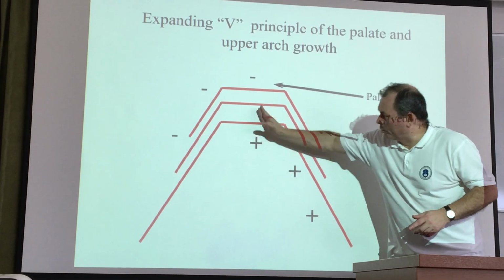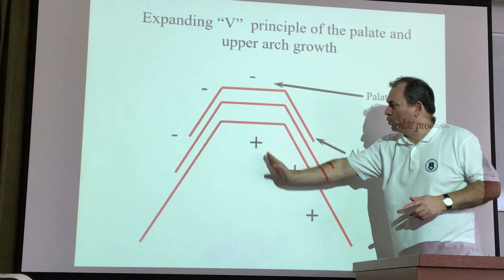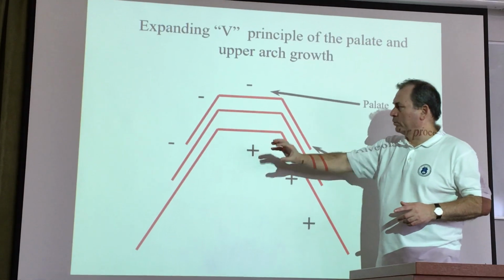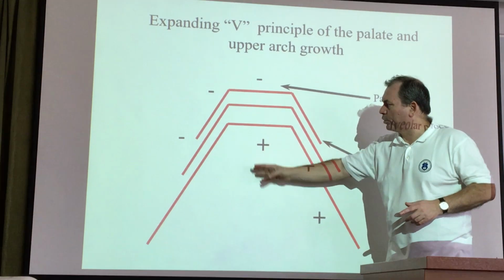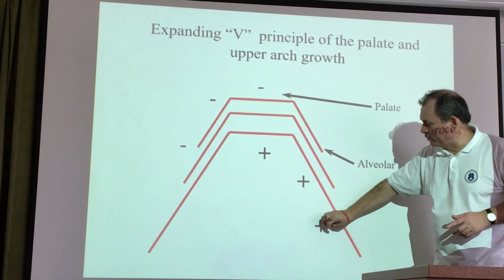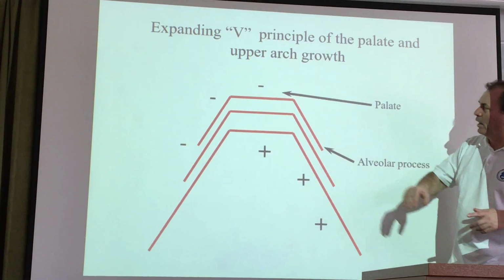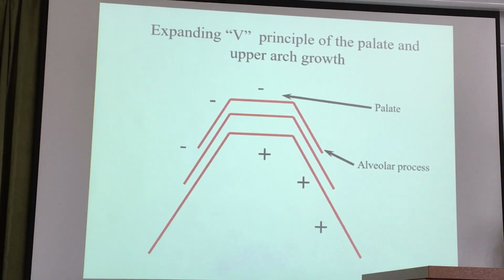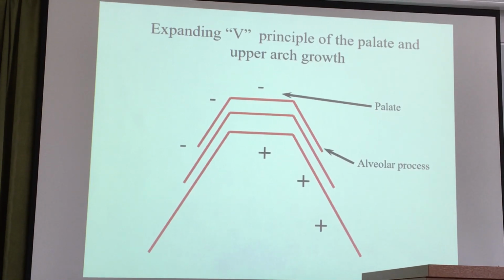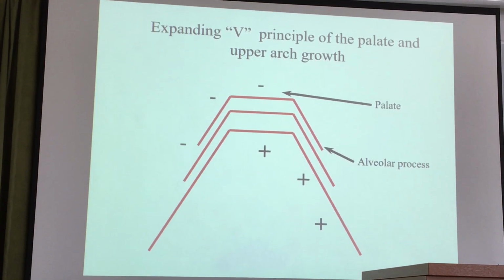So the bone is moving, imaginary or forming or growing downward and forward, and as you can see, new bone is forming here on the inner side, the oral side, but on the outer side, the nasal side, the bone is removed from the palate.